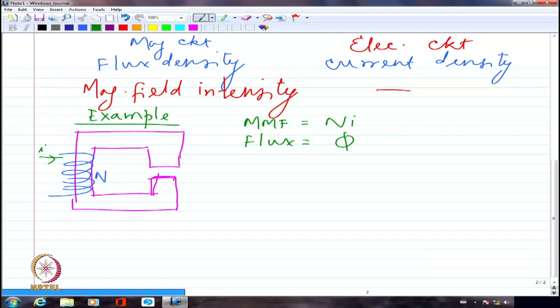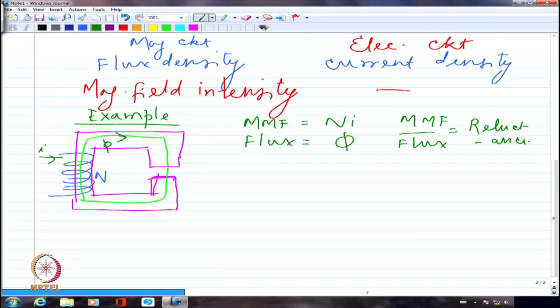So I am going to assume that any flux line is going to completely confine itself to the ferromagnetic core alone, and I am going to call that phi. That is the flux. Now, MMF divided by flux is going to be the reluctance.